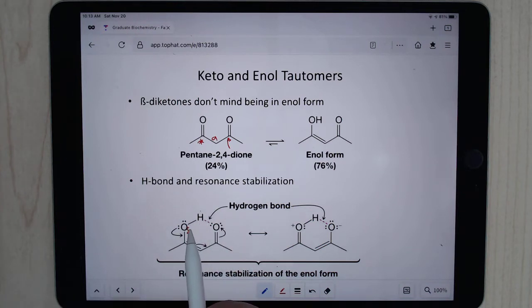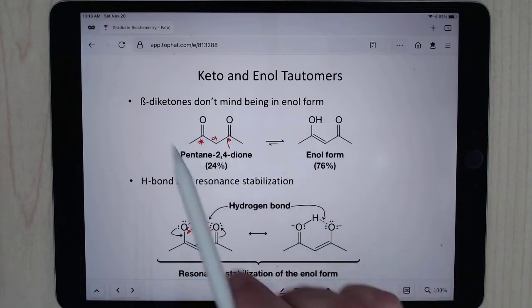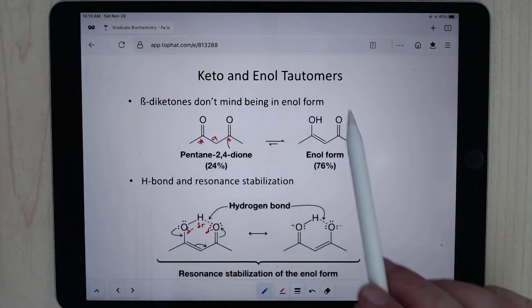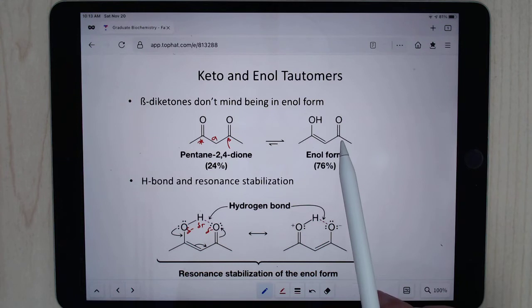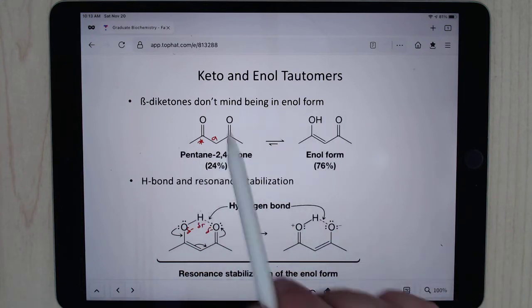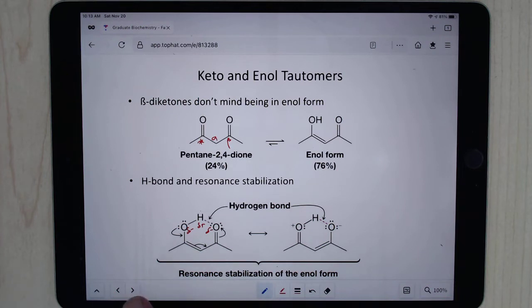Because remember that you've got a partial negative, partial positive, partial negative, okay? In this really nice cyclic structure. And so if you can form that very strong hydrogen bond, that helps to stabilize it. So in the beta diketone, it's actually mostly in this form here. But we'll talk about the implication for that in a minute.